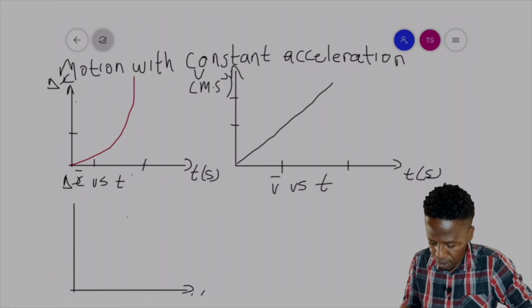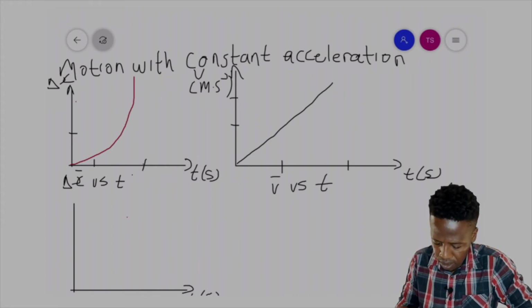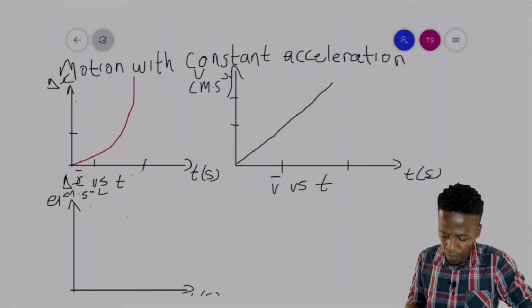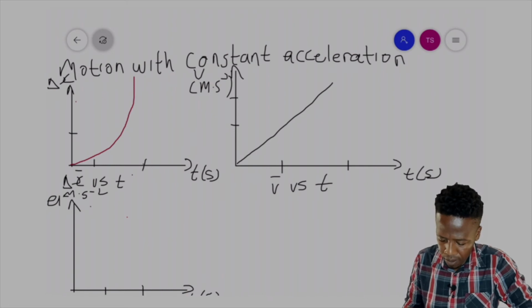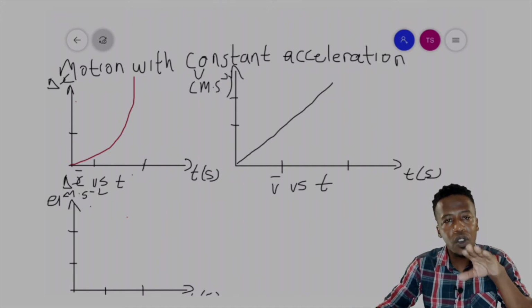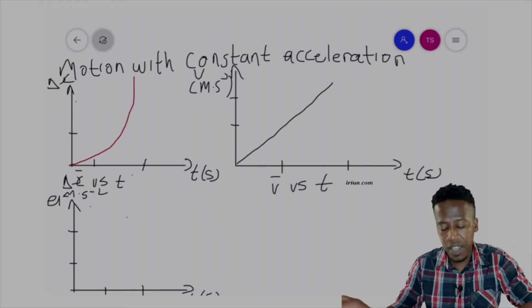Again, we have t in seconds, and then here we are going to have acceleration in meters per second squared. Now, if you are traveling at constant acceleration, it basically means it doesn't change, it stays there, right?